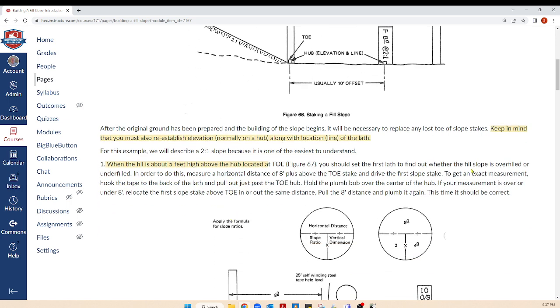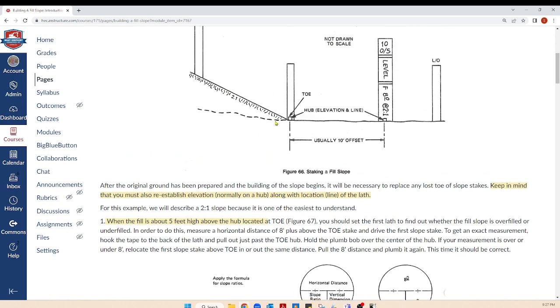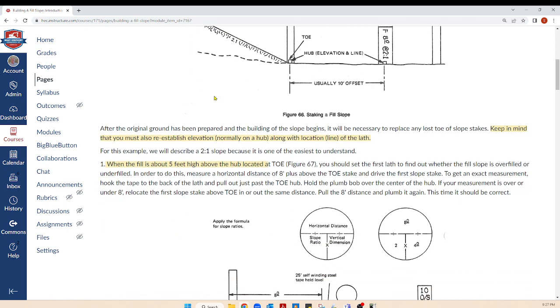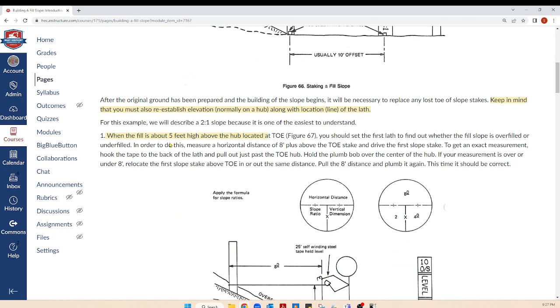Put your tape measure here and go about 8 foot this way, and go a little further. It says 8 foot plus above the toe stake, and drive the first slope stake in.